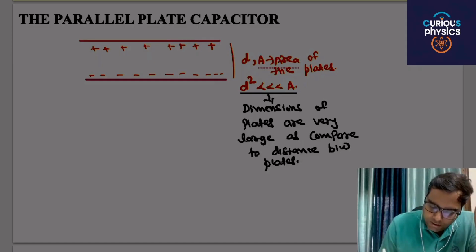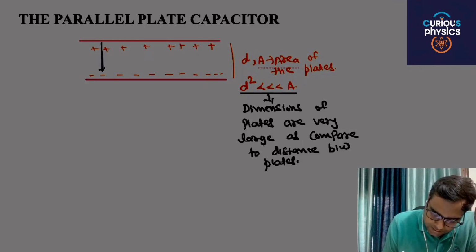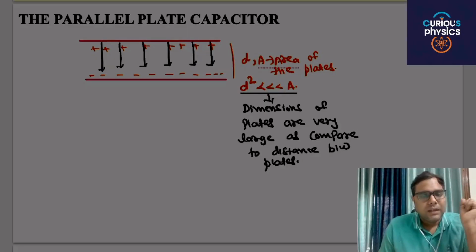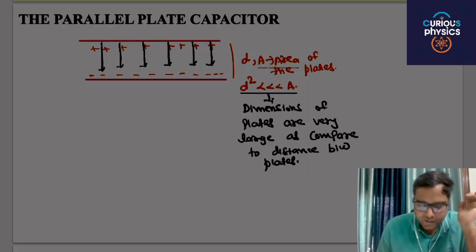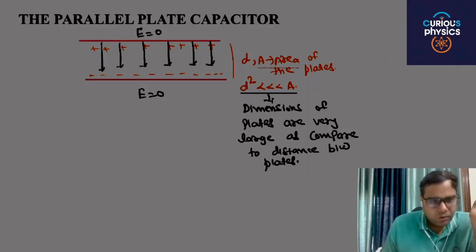Okay, so here the direction of electric field is from positive to negative. This will be the electric field. My dear friends, this will be the direction of electric field, and outside this capacitor the electric field will be 0. Why?